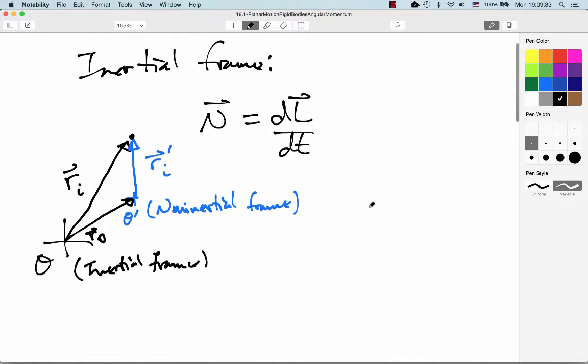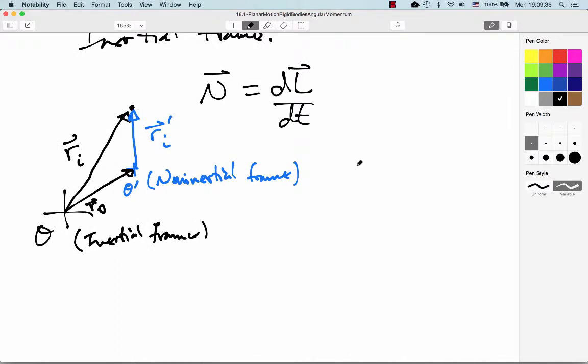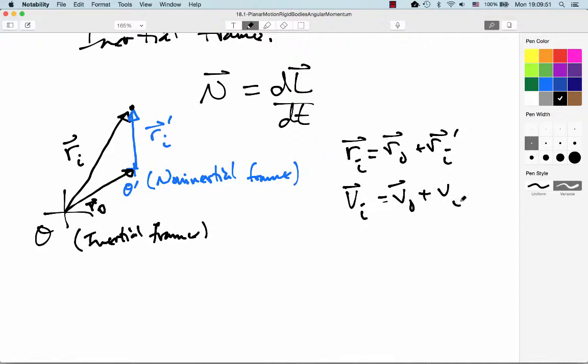So with that as our startup, Ri would be equal to R naught plus Ri prime. And then to get the velocity, we would differentiate that once. So we'll get Vi equals V naught plus Vi prime.